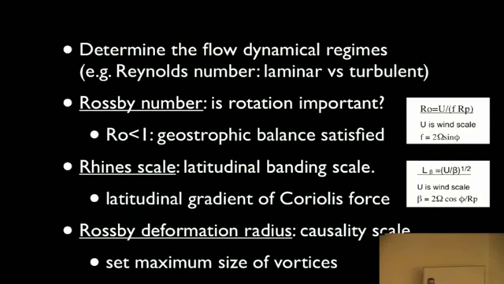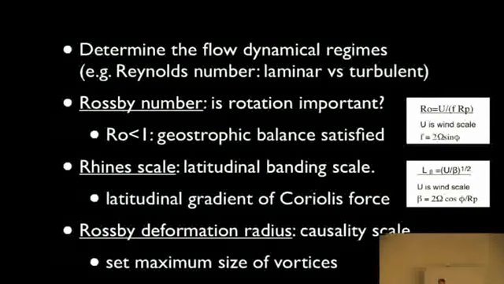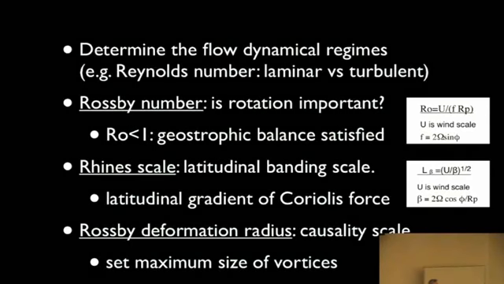So it will be interesting for us to look at exoplanets and compare their Rossby number to solar system planets, and we can learn something about the general dynamical regimes we are in. Two other numbers that are maybe less obvious, at least the first time I met them they were less obvious to me, are the Rhines scale and the Rossby deformation radius.